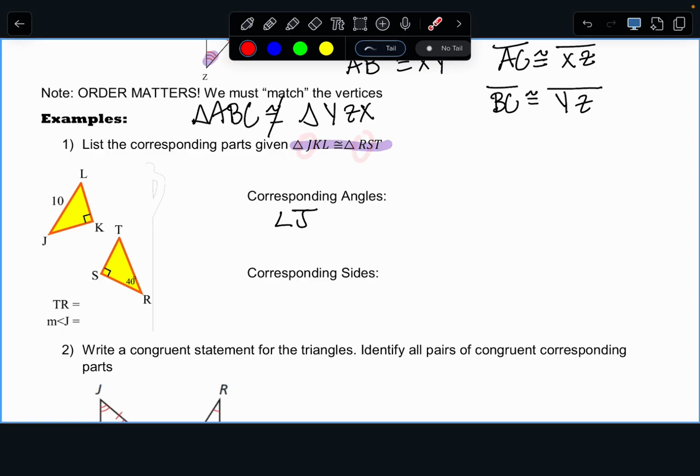R. So J goes with R. So angle J is congruent to angle R. The next one, angle K. K is in the second spot. What angle is congruent to angle K? S. It's in the second spot. So the letter that's in the second spot. S.